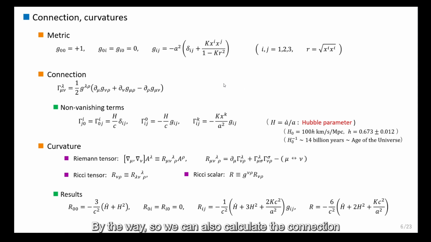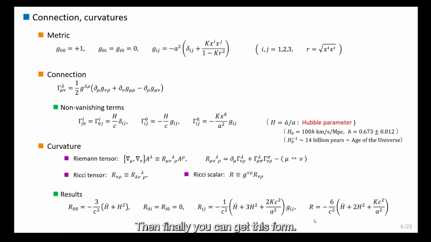By the way, we can also calculate the connection from this result. Then the Riemann tensor and Riemann curvature are given like this. The Ricci tensor is given like this, and also you can calculate the Ricci scalar with this.